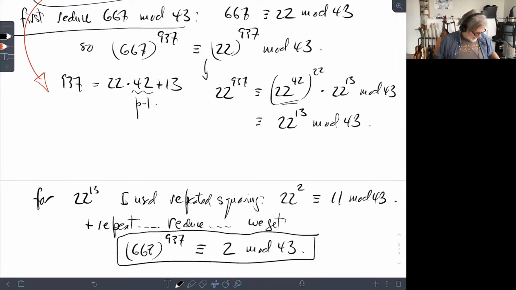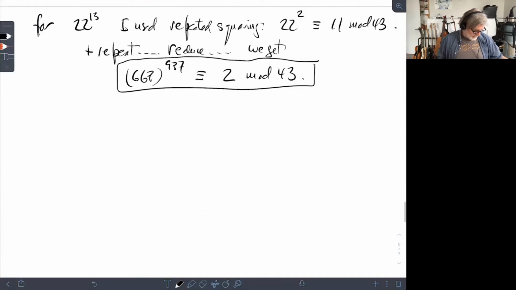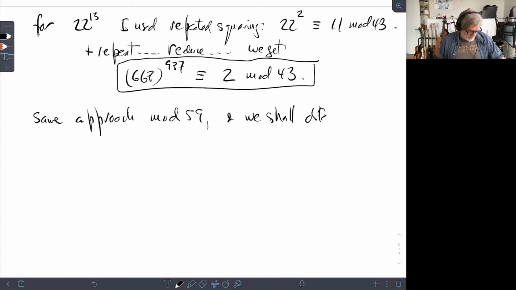Okay, next. Same approach mod 59, and we shall obtain that 667 to the power 937 is congruent to, if anybody wants me to do more details for what I'm going to write, just say so right now and I will do it.